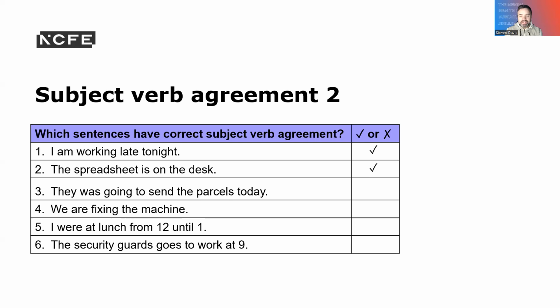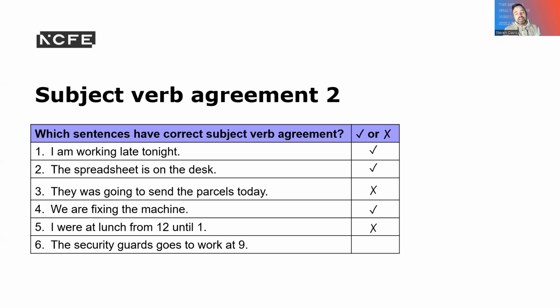They was going to send the parcel today, or they were going to send the parcel today? So that doesn't sound right at all. We are fixing the machine. We're fixing the machine. Sounds right to me. I were at lunch from 12 until 1, or I was at lunch?